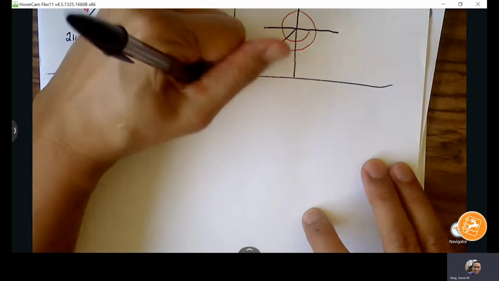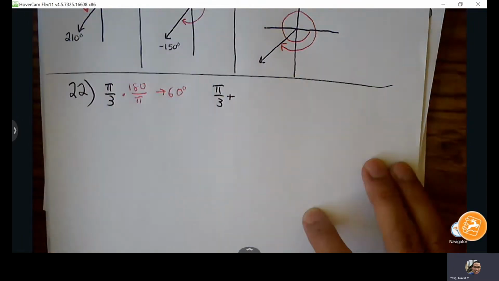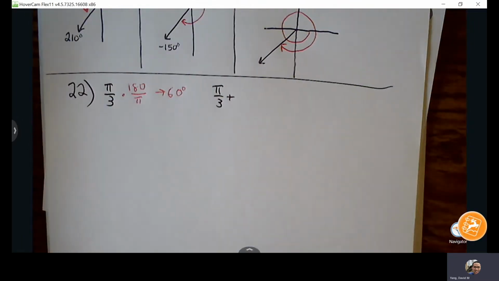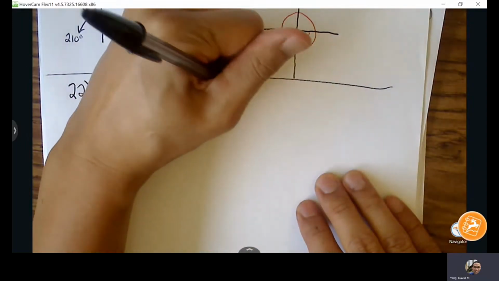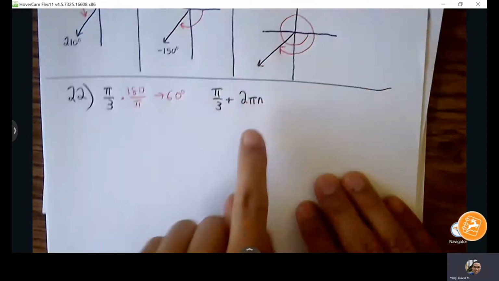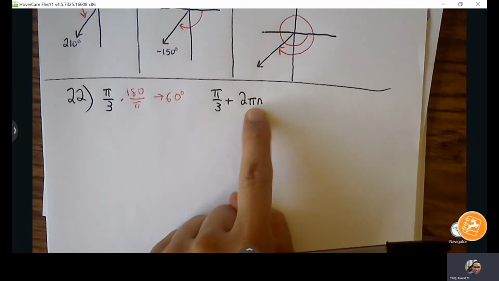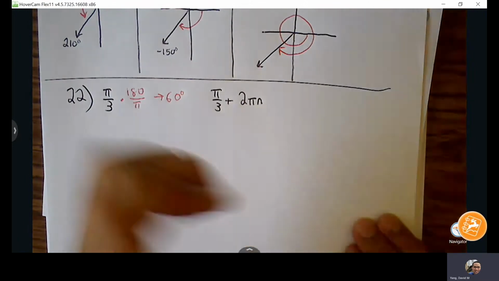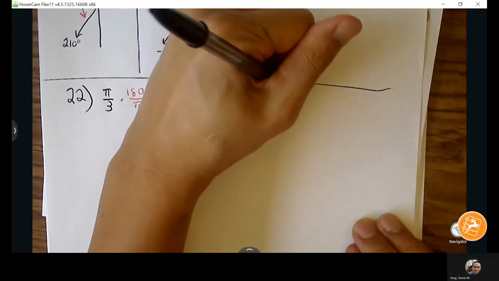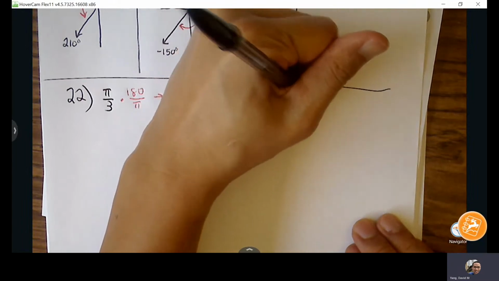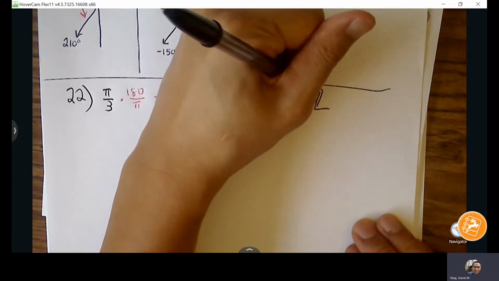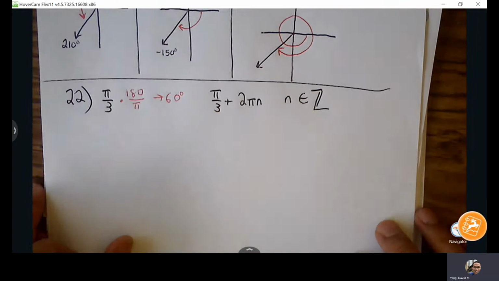So that means we're going to start at pi over 3. Instead of adding and subtracting 360, we're going to add and subtract 2 pi. But the way that we're going to say it is plus 2 pi n to indicate that all the positive and negative rotations are in play. And then our n value is still going to be within the set of all possible integers.